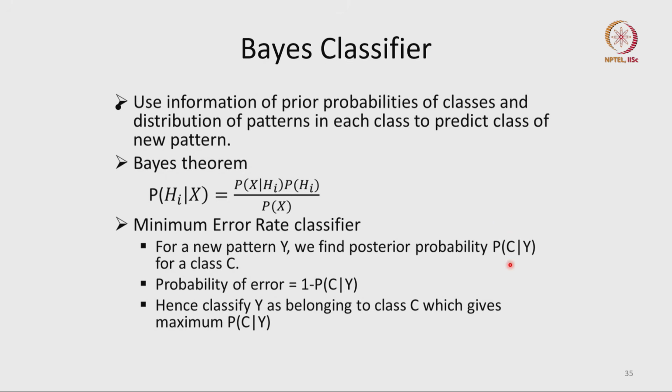Now, if we find this value, the probability of error will be of course 1 minus that, and we classify y as belonging to the class C. So, you find this for every class that you have, and classify y as belonging to the class which gives maximum probability of C given y basically. Okay. So, that is how this actually works.